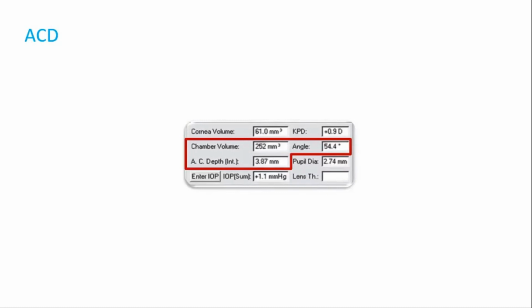And also we can assess suspected angle closure glaucoma. If the anterior chamber depth is less than 2.1 mm, or the anterior chamber angle is less than 24 degrees, or the anterior chamber volume is less than 100 cubic millimeters, all these three values indicate that the patient has suspicion for angle closure glaucoma.